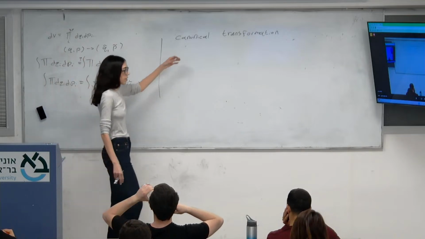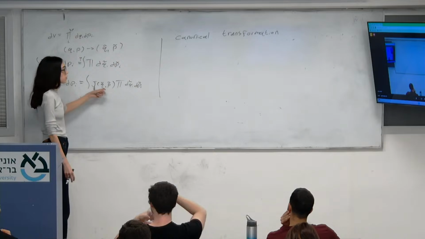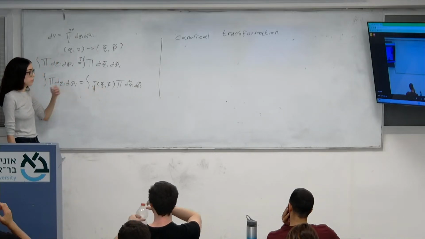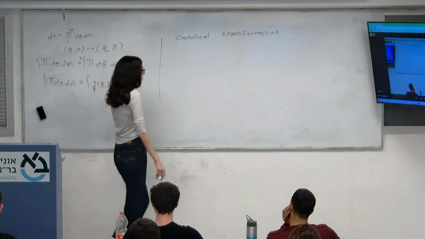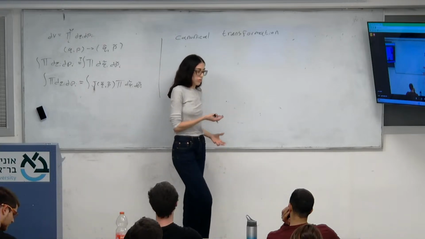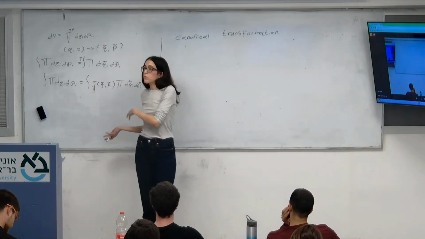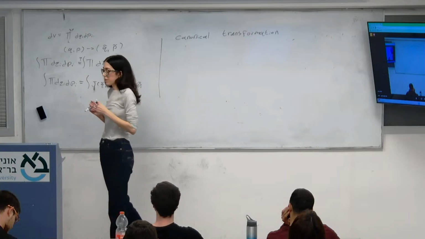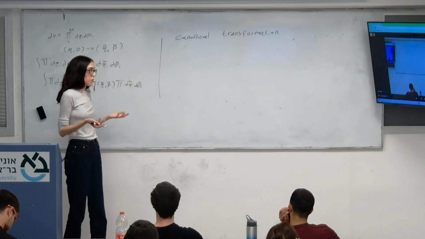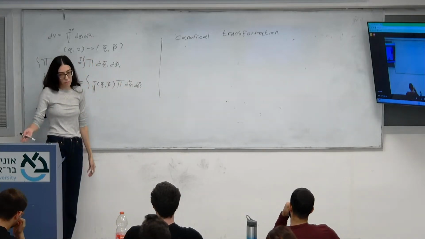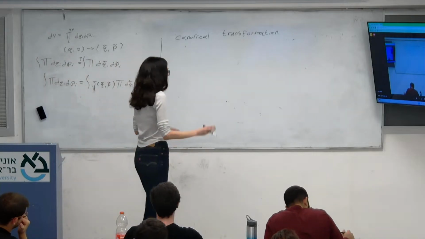I just need to define that in order to prove what we need to prove. So I'm going to define it, and I'm going to show you what it means, and then we're going to go back to the proof. And if someone is particularly curious about it, you can go ahead and read it.